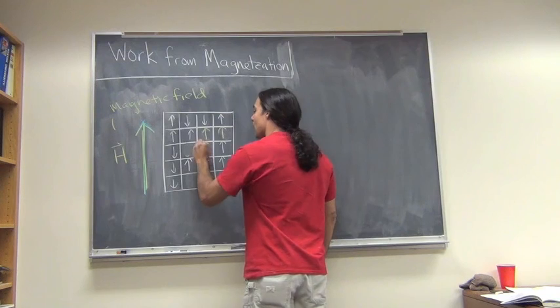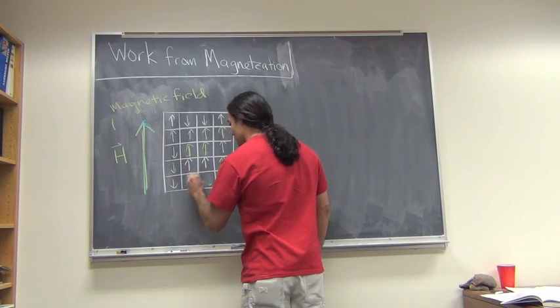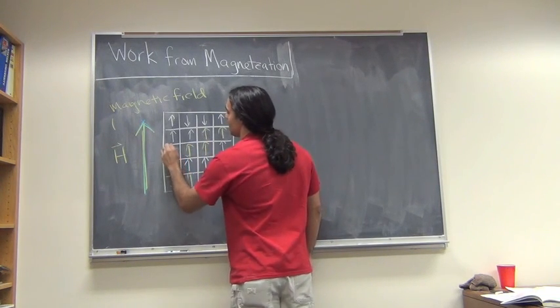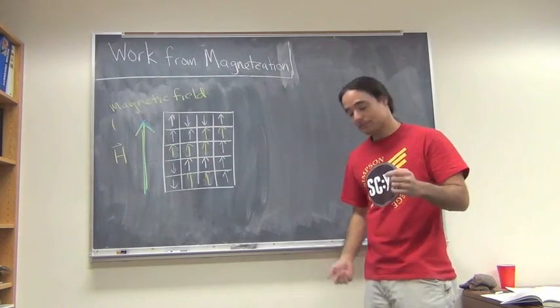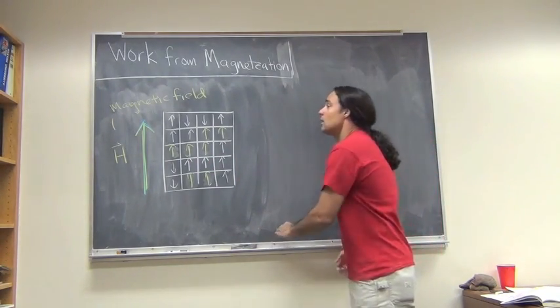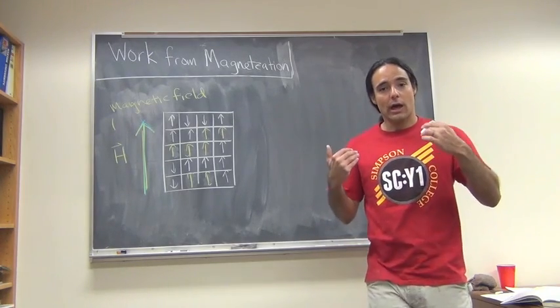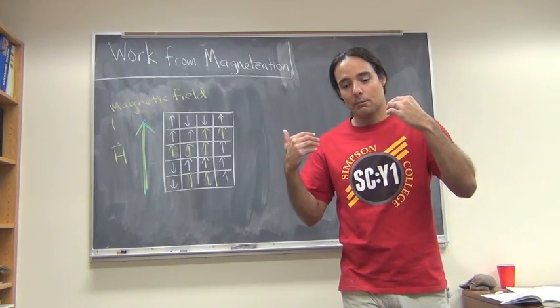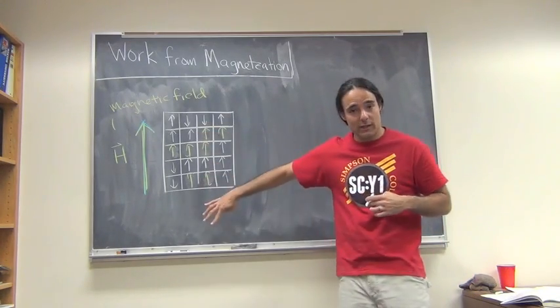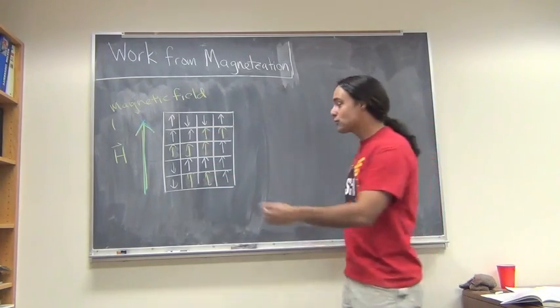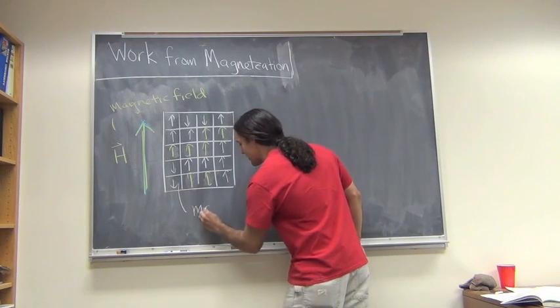Okay, so now I start to get some net magnetization where these spins start to point in the direction of the magnetic field. We can use a parameter to describe the fraction of these spins that are pointed up, and that's just called the magnetization.